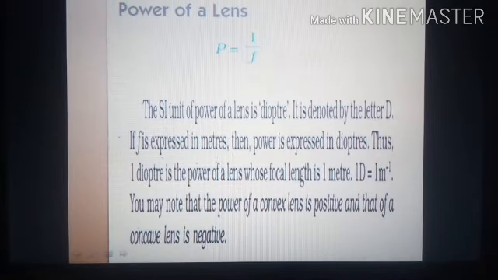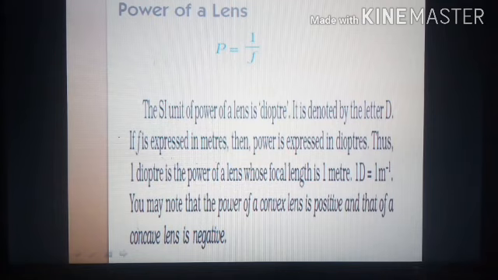Convex lenses are used for long sightedness, that is hypermetropia, and concave lenses are used for myopia problems, short sightedness.